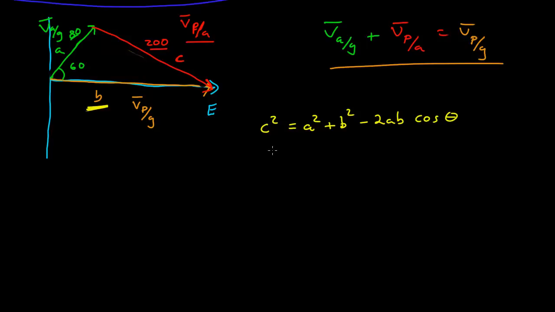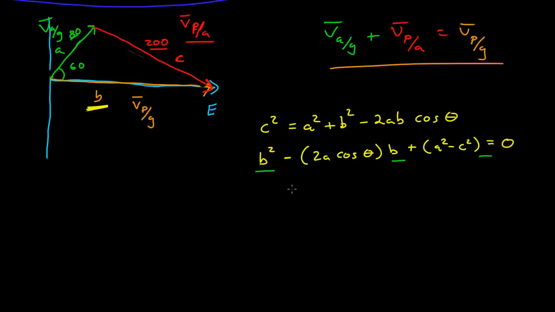So if I rewrite this in terms of B, I can say B squared minus 2A cosine theta times B plus A squared minus C squared equals 0. So you can see what I've done: I've just rewritten the law of cosines as a quadratic equation in terms of B, the parameter I don't know.